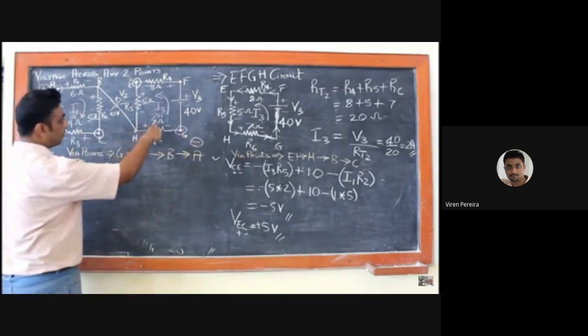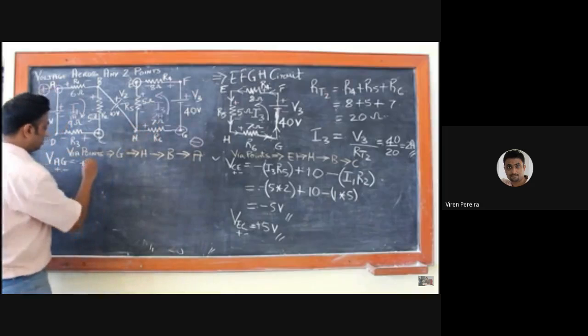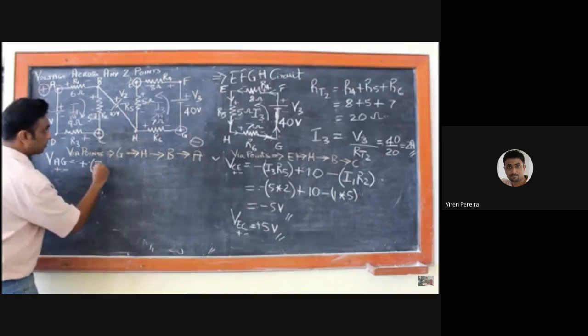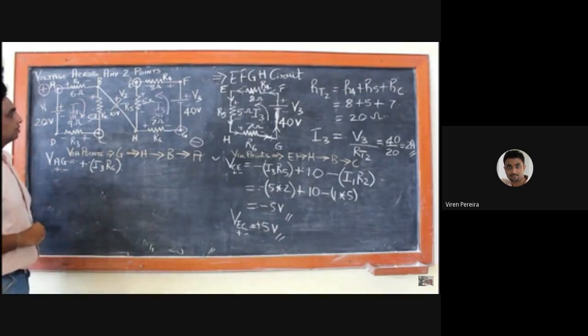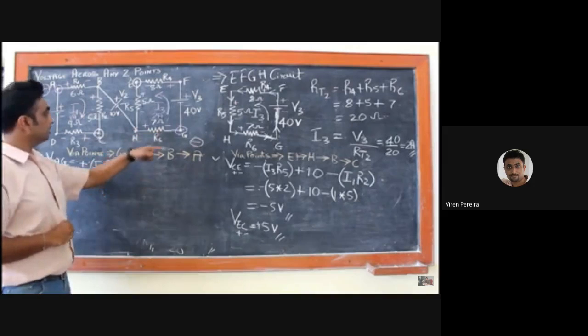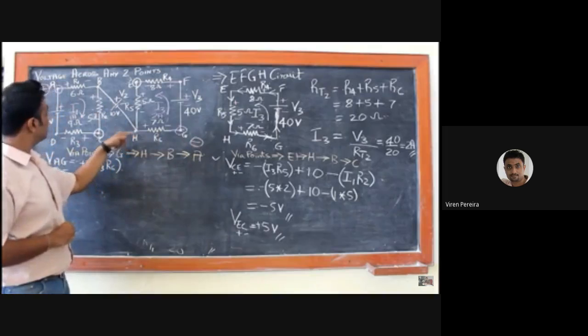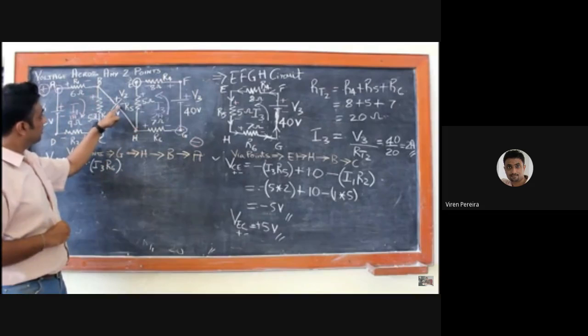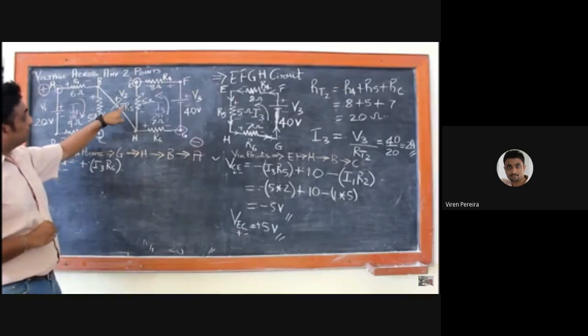Now what is the current flowing in R6? I3. So I3 into R6. So I establish my first component. Then I will move from H to B. In between that I have my second component, which is V2, which is negative in nature.